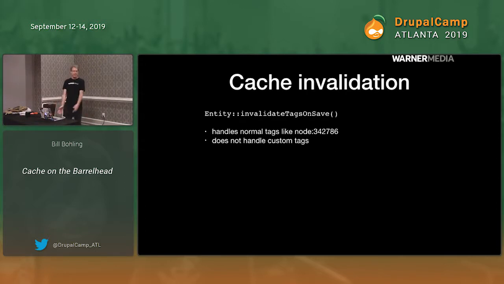Okay, so cache invalidation. So far we've got cacheability metadata, we've got Drupal, we've got modules that are going to cache our content forever until we tell it otherwise, and this is how that's going to happen. Most of the time you don't have to worry about this because entity calls invalidate tags on save anytime you're saving an update. So when you update an entity, it invalidates the tags for that entity. The next time that entity gets loaded, it knows that its cache has been invalidated and you'll get the fresh content.